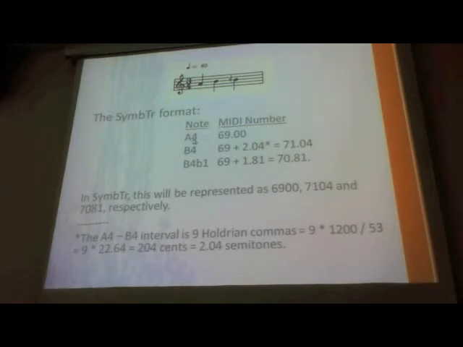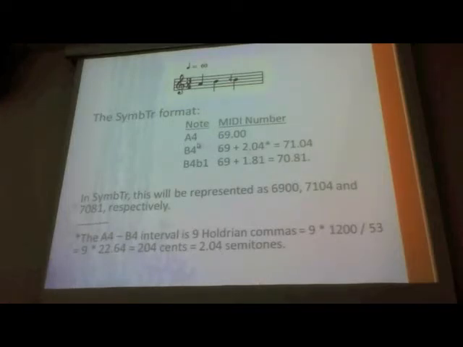we do a computation. A4 is 69, there's no difference, but for B4 there are 9 commas between these two notes, so 1200 divided by 53 equals 22.64 cents or 2.04 cents.